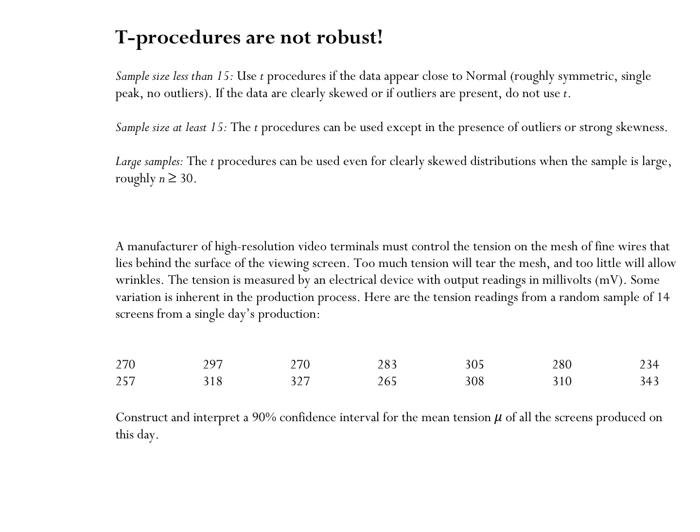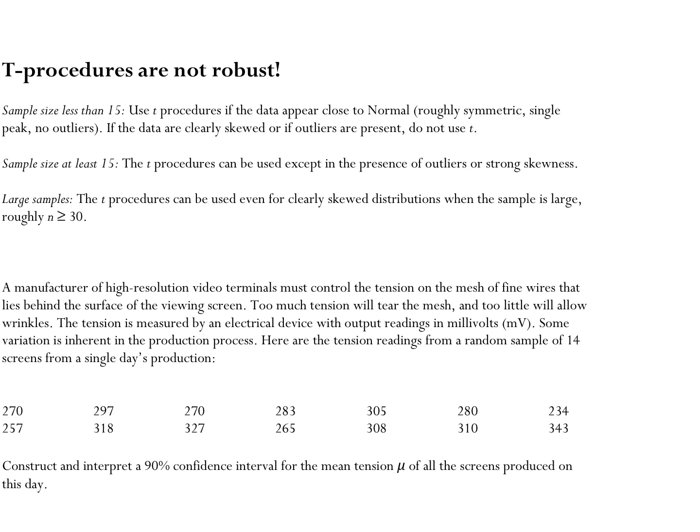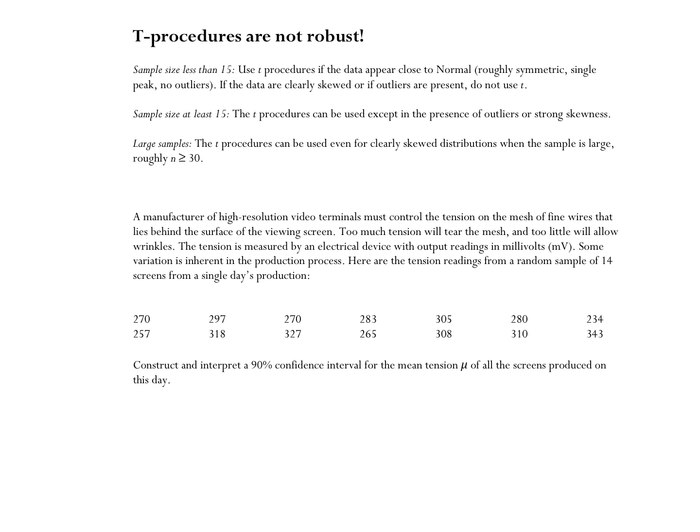If my sample size is really small, and we typically use 15 as that cutoff, then we need our sample to be close to normal, okay? If it's between 15 and 30, we just need our sample to not have any skewness or outliers. It doesn't have to be perfectly normal. It doesn't even have to be mound-shaped. If it's a symmetric distribution, it's fine. Just no major skewness or outliers, okay?